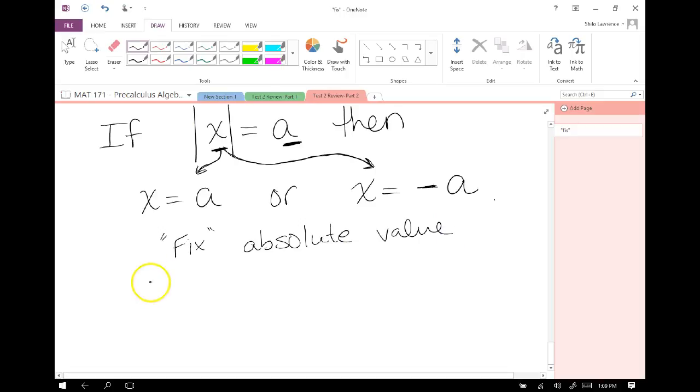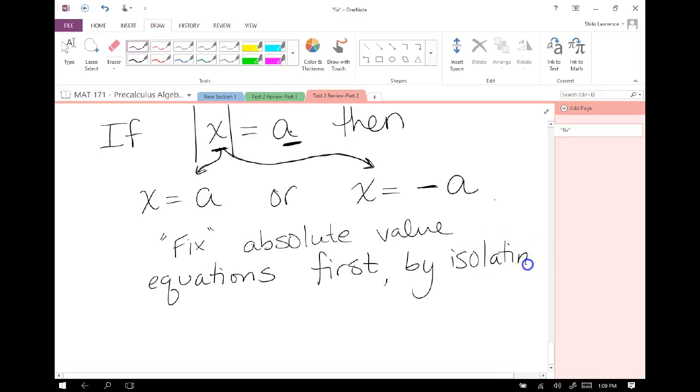So we fix absolute value equations first by isolating the absolute value. We can't separate them until the absolute value is all by itself.